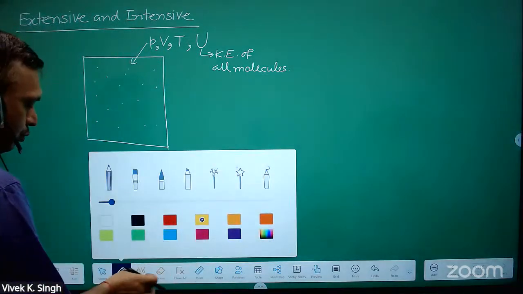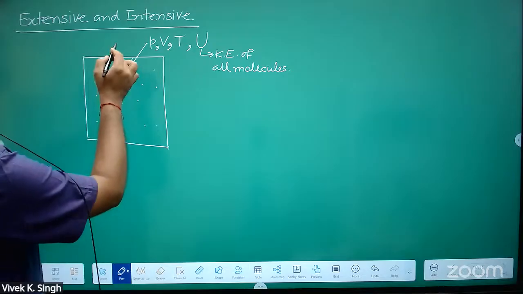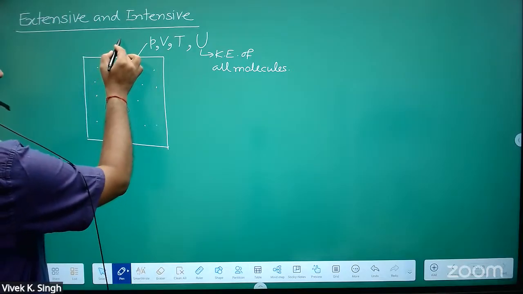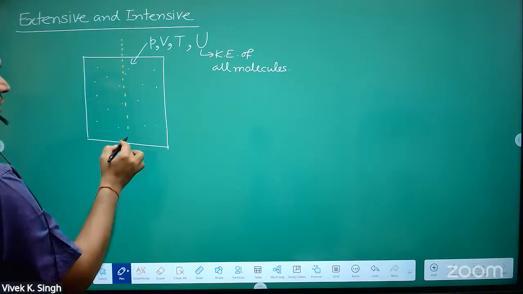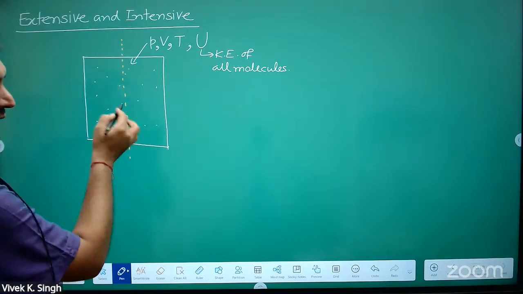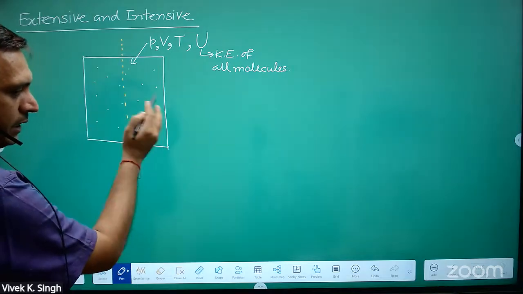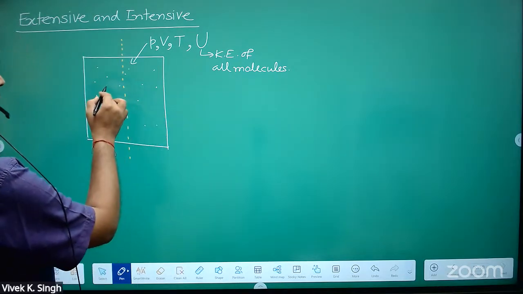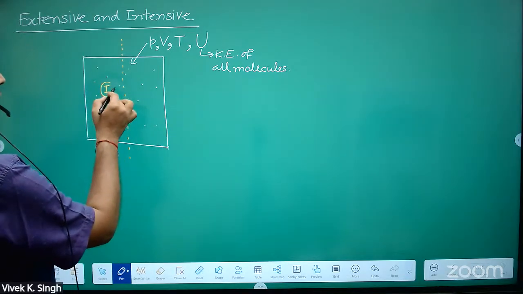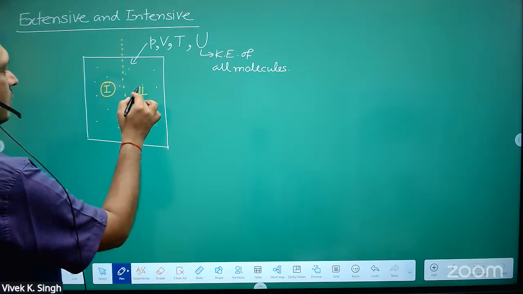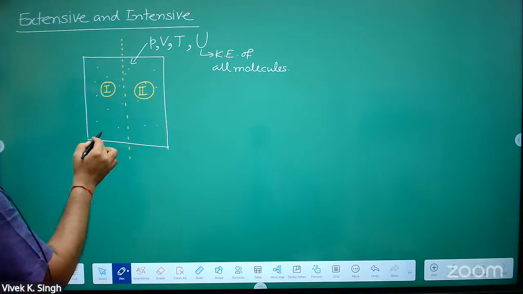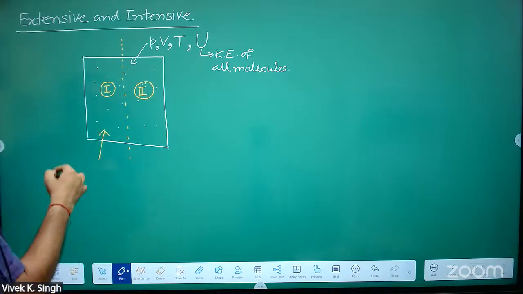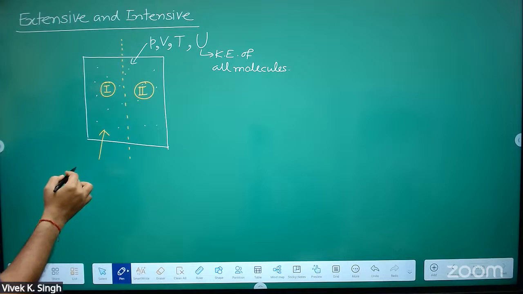Now, if you have to see which one is intensive, which one is extensive, let's divide this box by this imaginary surface. Consider this is an imaginary surface and you have divided it into two equal parts. Is it clear? And just see now, for this particular part, what will be its pressure?